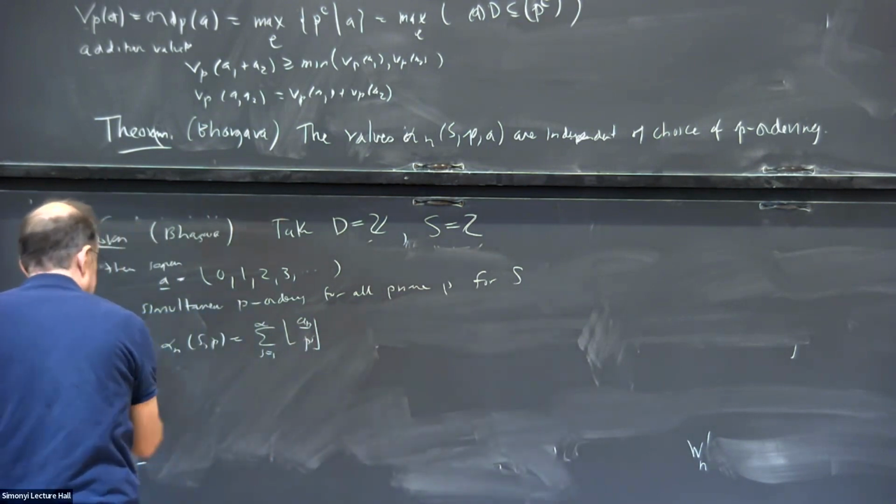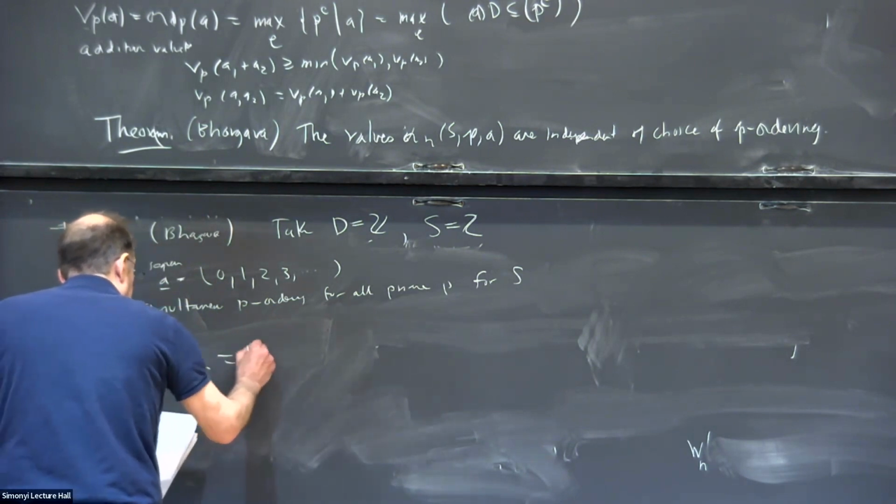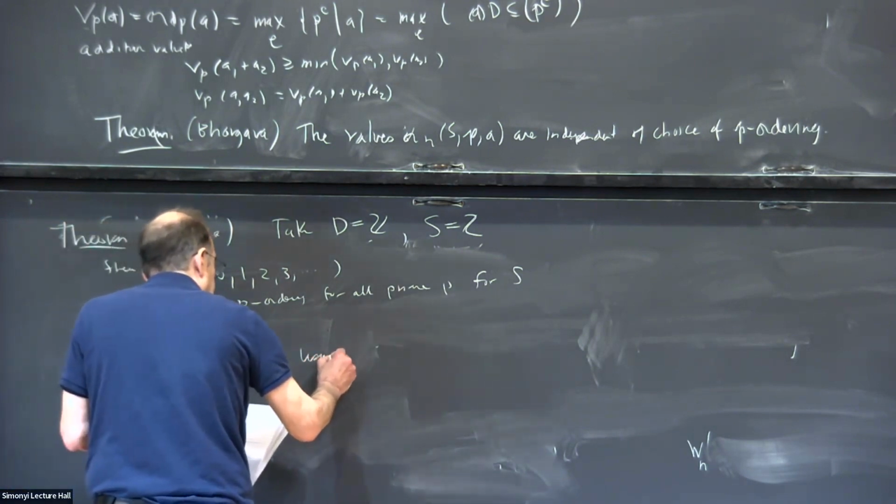I'm not sure I have this right. I'm not going to waste time. I'll just say that n factorial of S is going to be the usual n factorial.